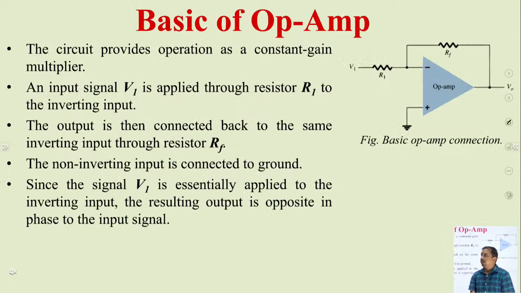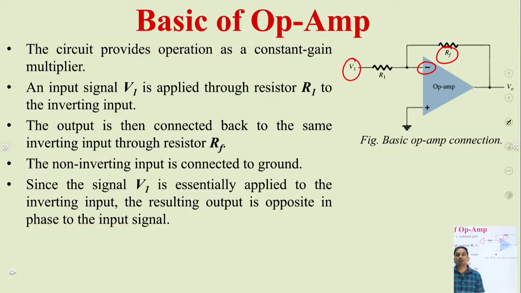So we can see here that we have placed a feedback, represented by the resistance RF, and we have applied input Vinput or V1 at the negative terminal of the op-amp.